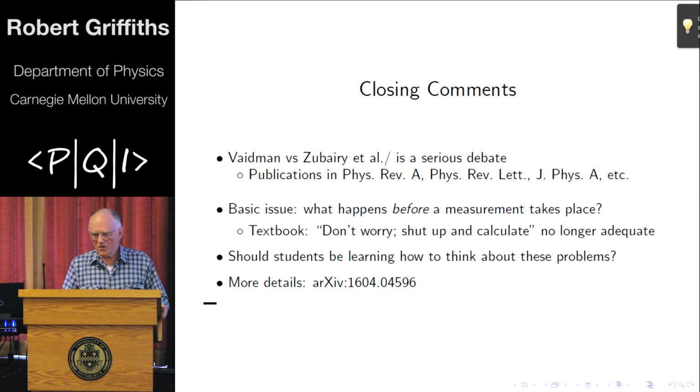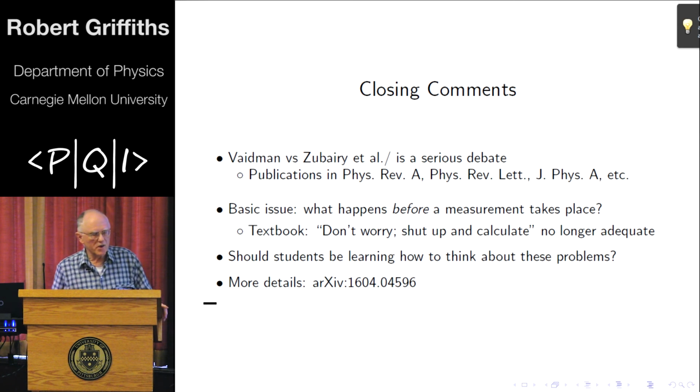First, this Vaidman versus Zubairy argument is something quite serious. It has been in various reputable journals. Nature has not accepted it thus far, but you probably recognize some of those other things. The basic issue here is what happens before a measurement takes place. That's the entire content has to do with that.